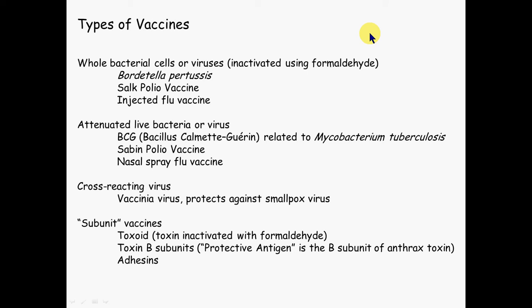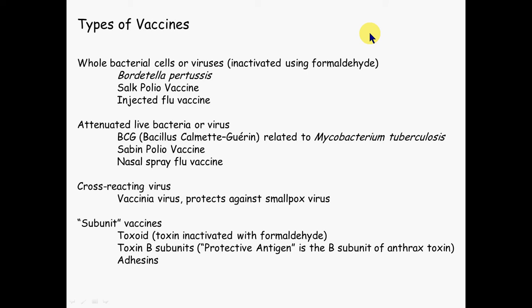Subunit vaccines. It's more and more common to find vaccines that consist of a single protein. I think I'm jumping ahead now. I jumped ahead before. A toxoid is basically a toxin that has been inactivated to make it harmless in one way or another.